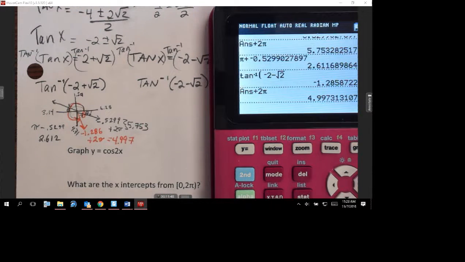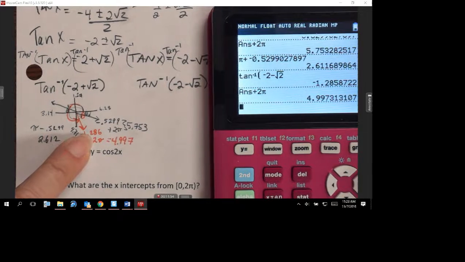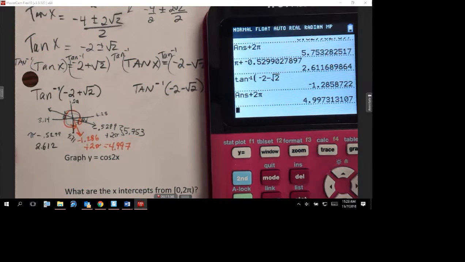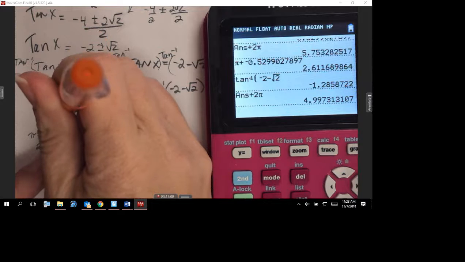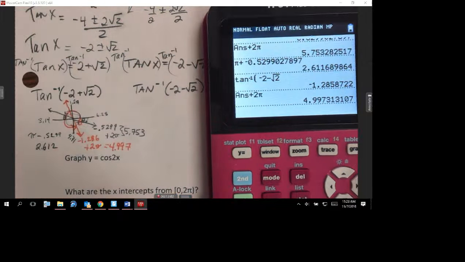Okay, but that's not the only answer. So if tangent is in the fourth quadrant, it's negative. Where else is tangent negative? So we have to find that other answer, which is quadrant 2. Add pi to what then? The negative.